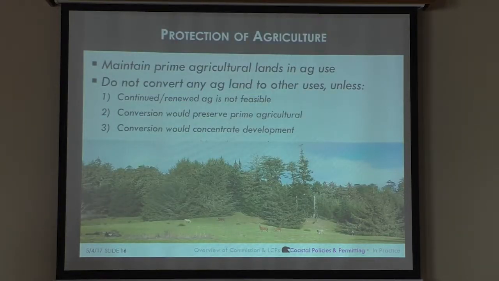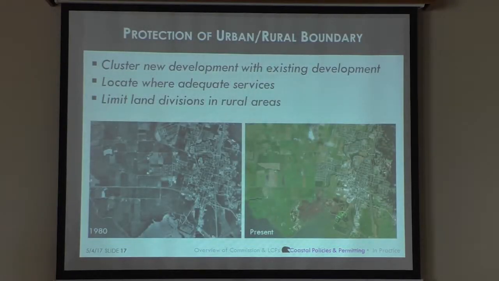I'm going to talk about some of those policies on ag lands. The Coastal Act has strong protections for agricultural land, really restricting conversion for non-agricultural uses on viable agricultural lands, and this can make it difficult to get a permit for a non-ag use or structure on ag lands.